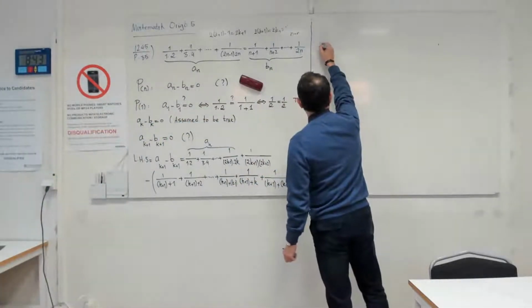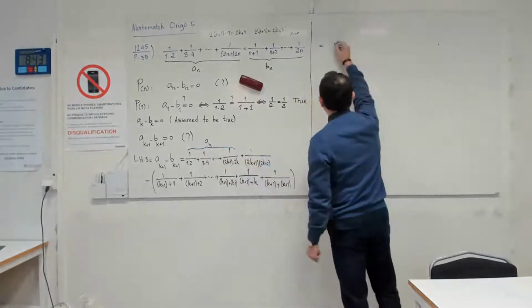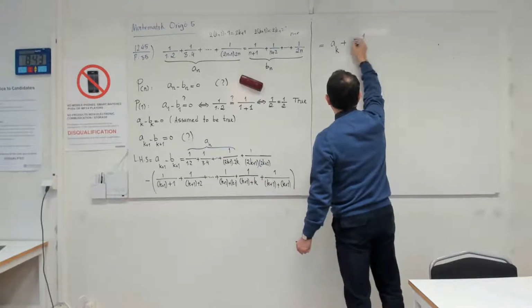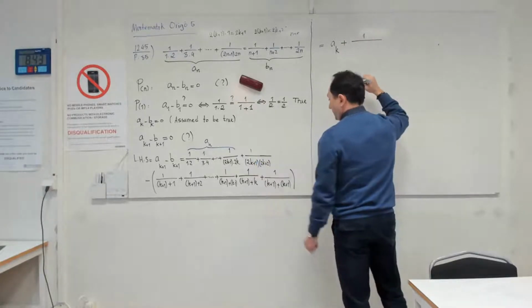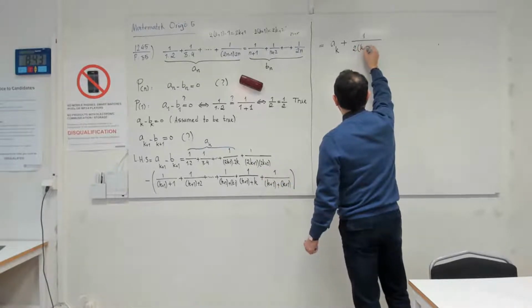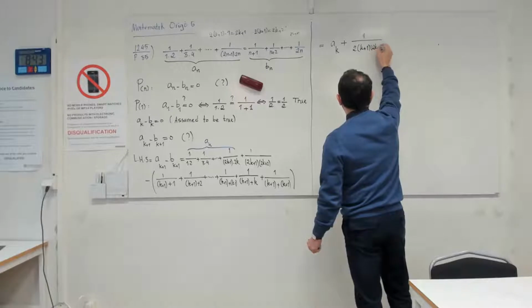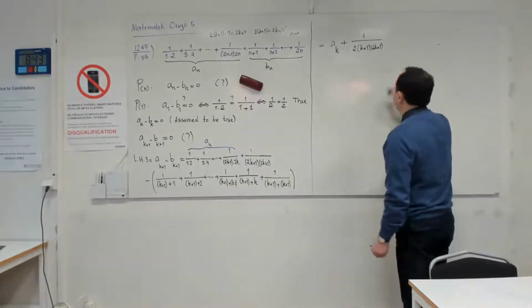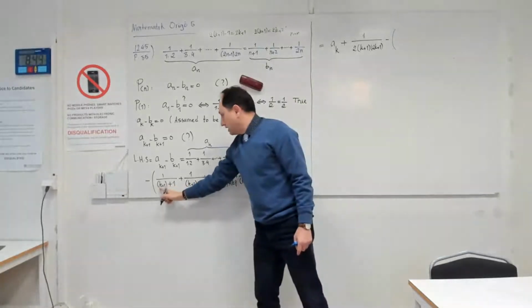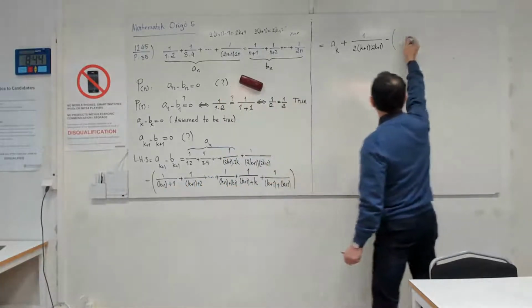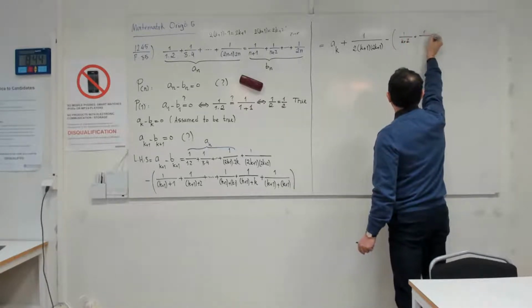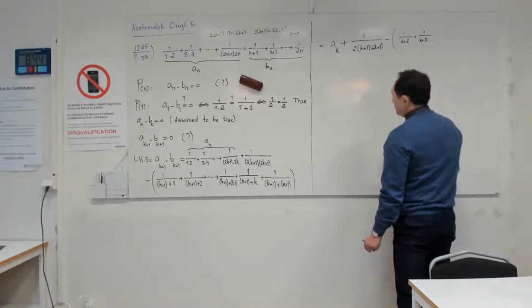So let me write it one more time for you. This becomes equal to, instead of this part, I write a_k, and then I have plus 1 over 2k plus 1. So let me factor a 2 out. K plus 1, 2k plus 1. This is what I have written here. And then when I go to the pair of brackets, you see that this k plus 1 becomes k plus 2, 1 over k plus 2. The next one would be 1 over k plus 3.